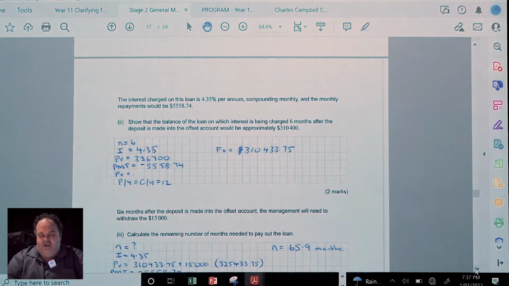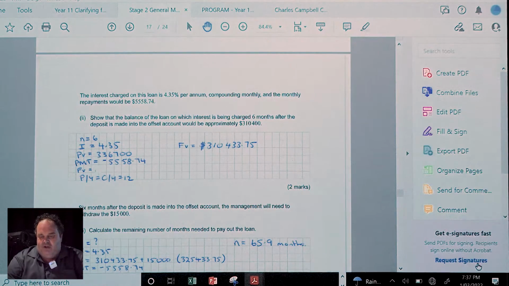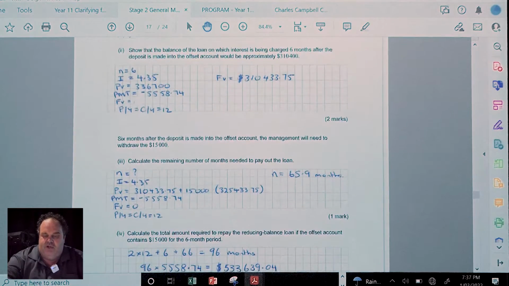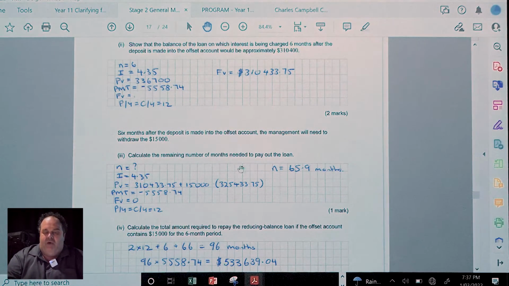They then reuse that value, so clearly if we're making mistakes, it adds to some difficulties. But we're withdrawing the money we had in the offset account, so the PV needs to increase by the 15,000, and we find a new N, which happens to still be 65.9 months. If they've rounded it to 66, that's fine. It's not going to matter.